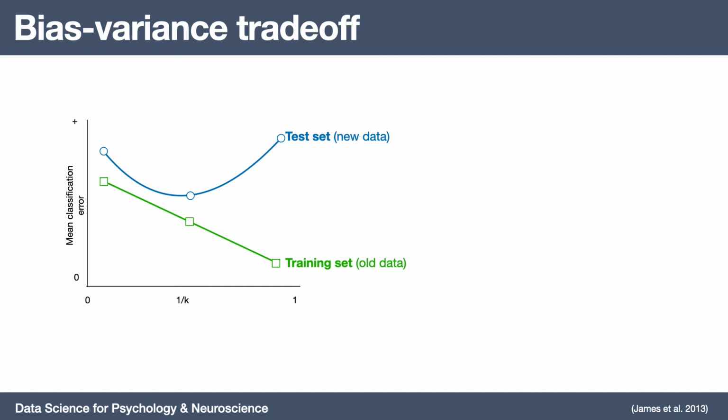So there's a point at which k becomes too sensitive to the unique variance of your training set and starts to reduce its generalizability. So the U-shape function that you see in the test set defines that point at which you begin overfitting your data. So the goal is to find the right k that manages this bias-variance trade-off.